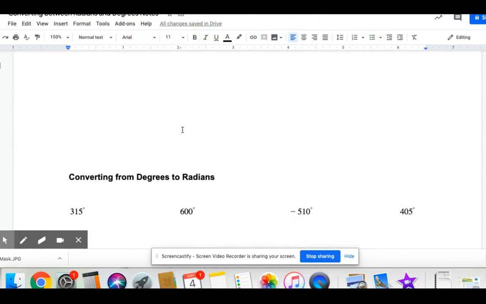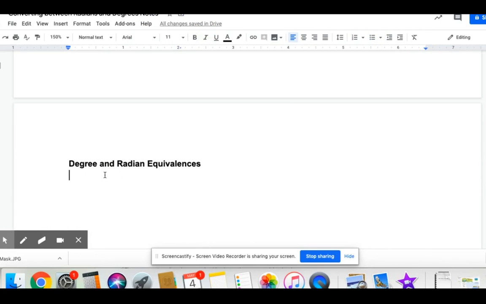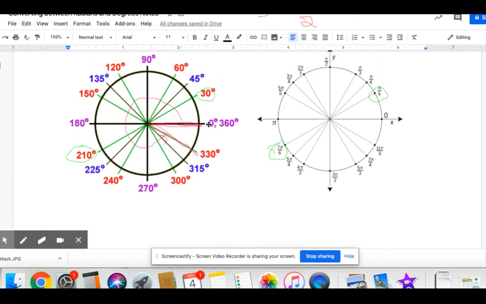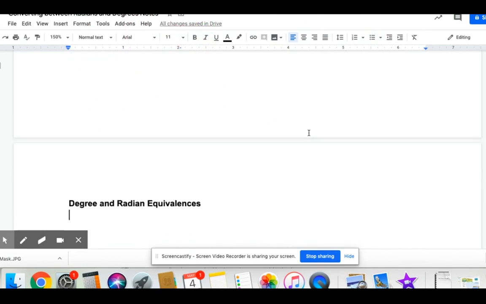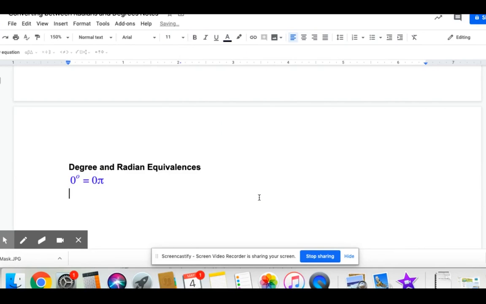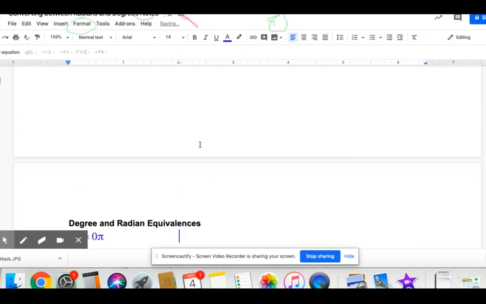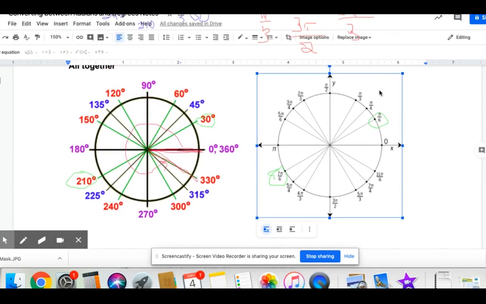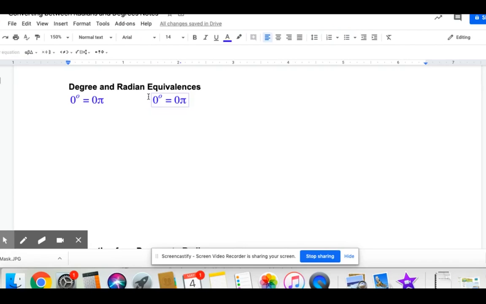Here's the radian to degrees equivalency. I'm going to just go from here with the most basic one. 0 degrees is 0 radians, right? 0 pi's. The next one was that pi over 6 was 30 degrees. 30 degrees is a pi over 6.